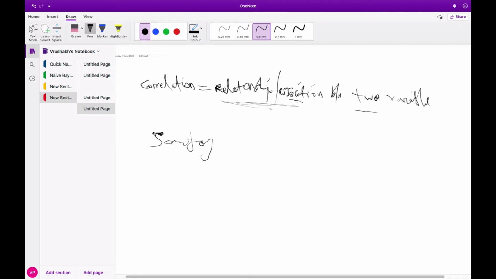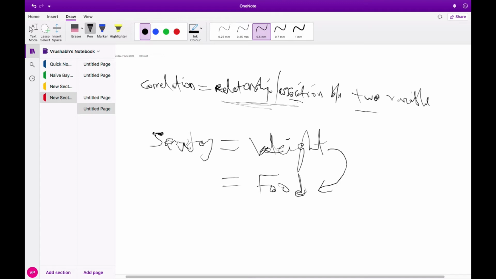If we take Sanjay's weight, and then consider the weight of the person and the food the person eats, maybe the eating habit of the person, can we measure a relationship or association between these two variables describing Sanjay?